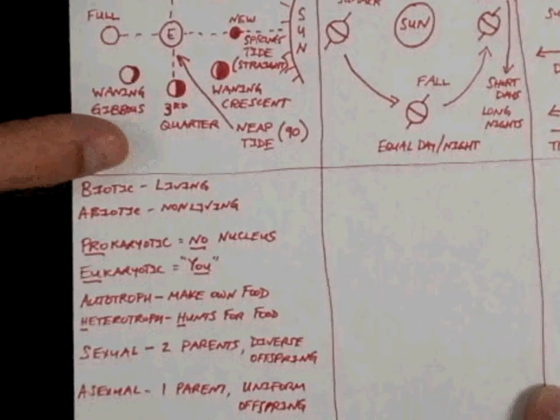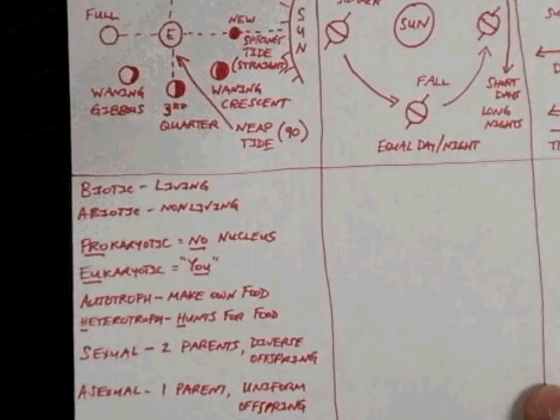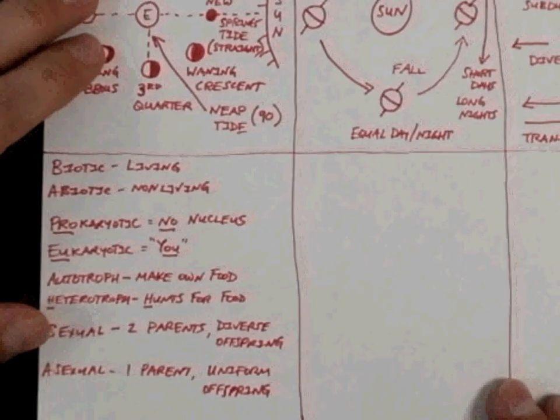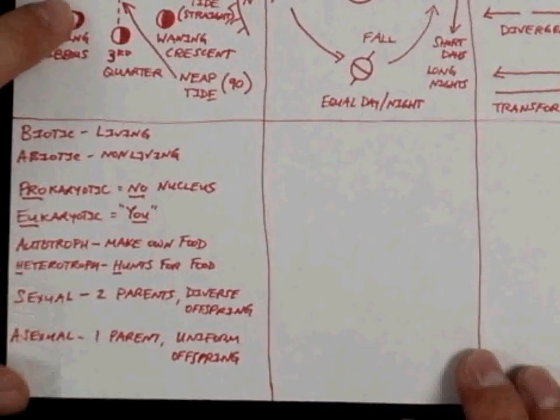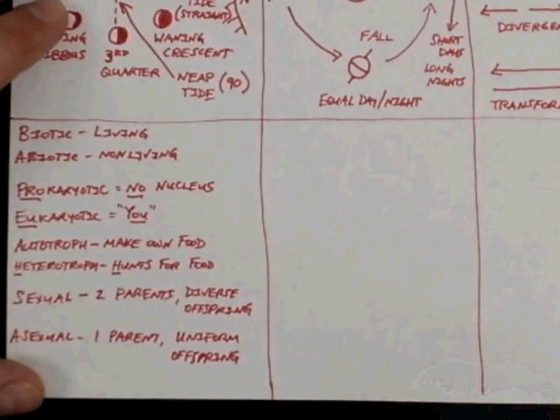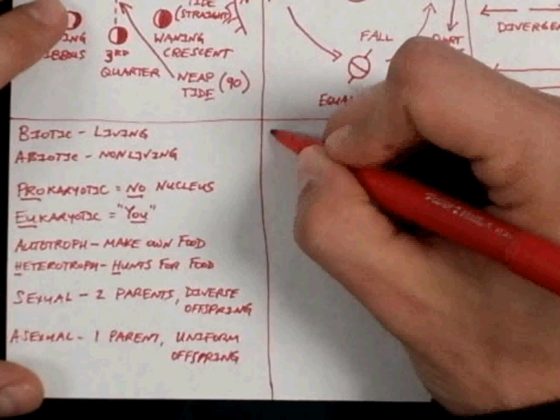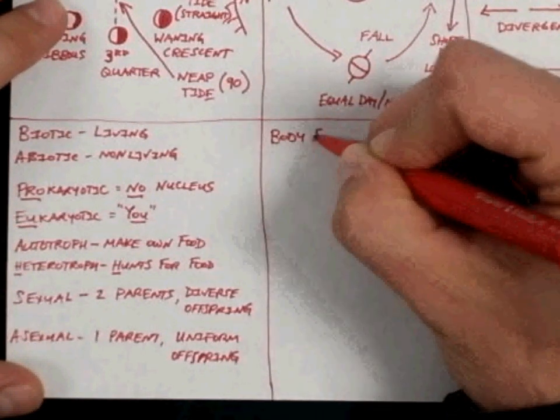The bottom middle box, I want to put the toughest three body systems. These always trick students up every year, and I just want to make sure that you understand these three. So we're going to go to the body systems. The first one is the endocrine system.